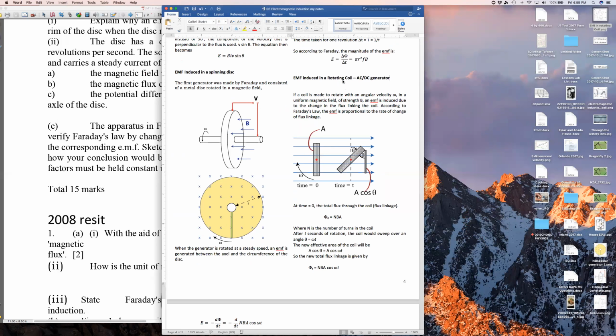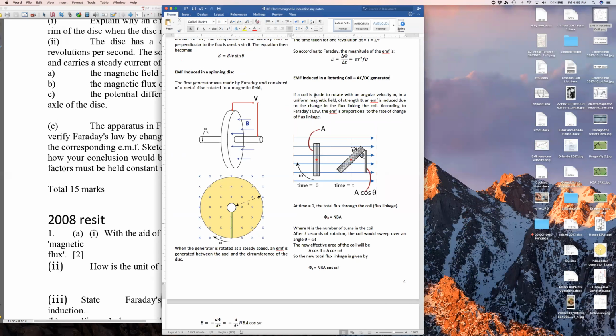So the EMF in a rotating coil. Here we have a coil. The axle of the coil is right here, so the coil is going to be rotating about that red dot, in a clockwise direction.